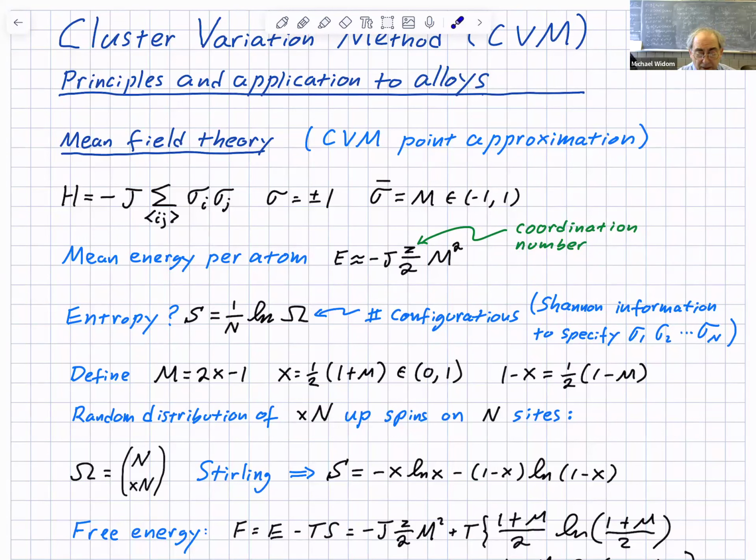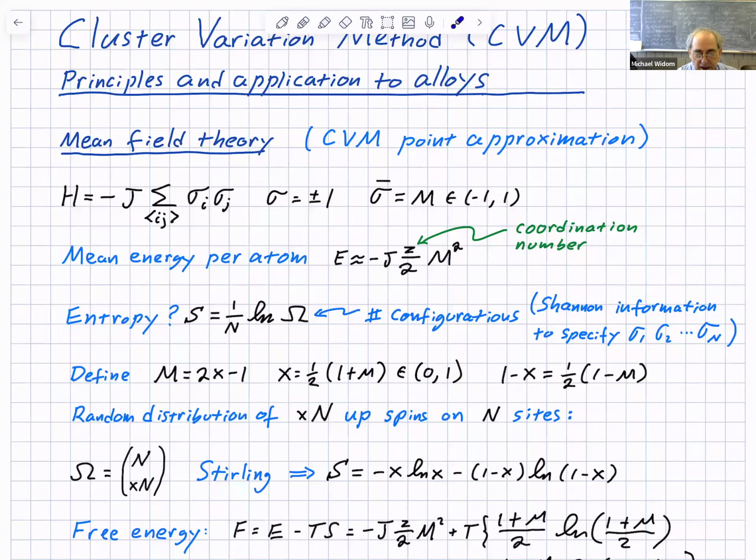But we also need a representation for the entropy. So the entropy per spin, per site, will be the log of the number of configurations. And this log of the number of configurations we can also identify as the Shannon information required to specify what is the value of each and every one of these spins.